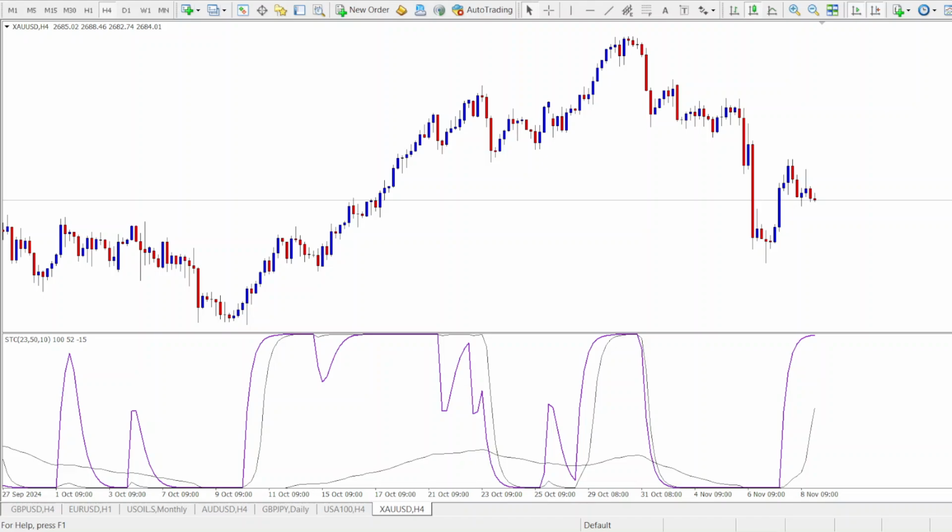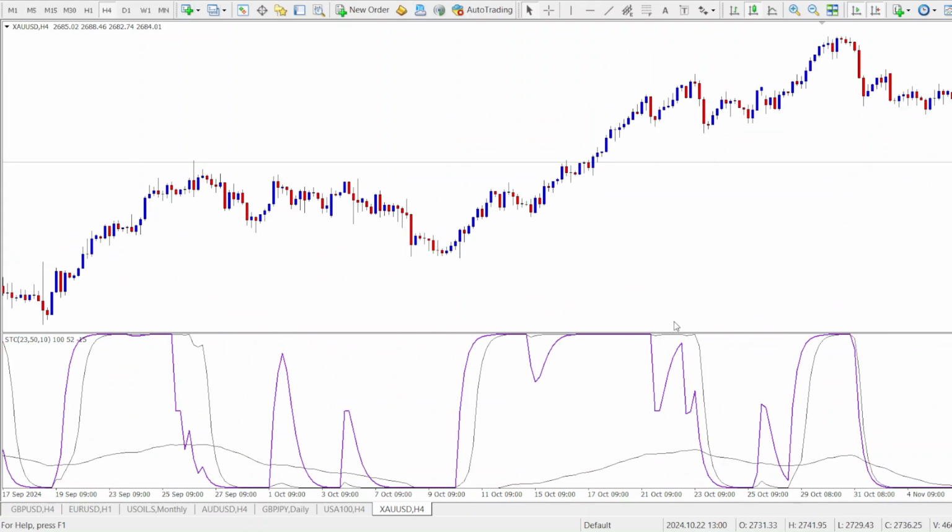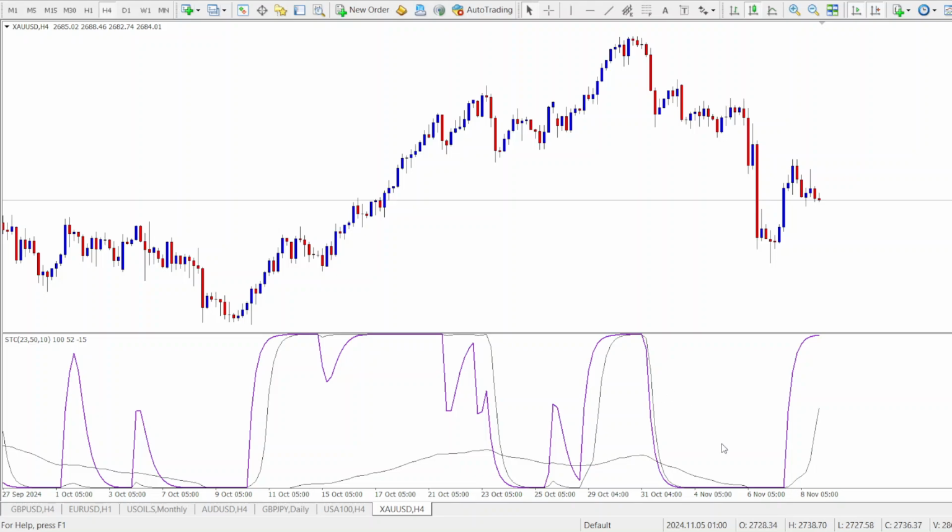So the STC indicator helps the trader to capture trends and reversals early, which can be especially useful in the fast moving Forex market.